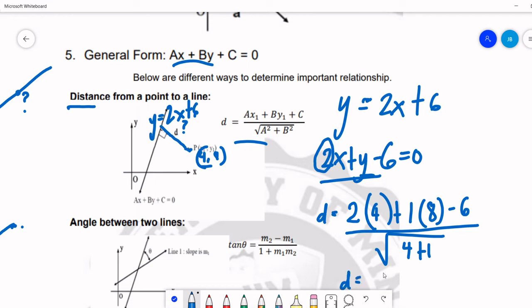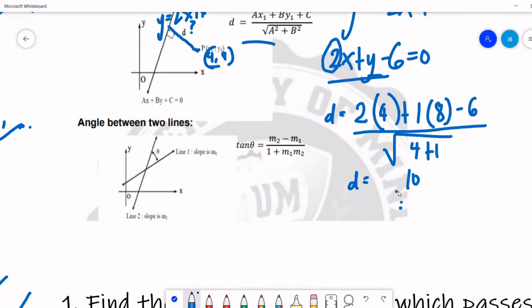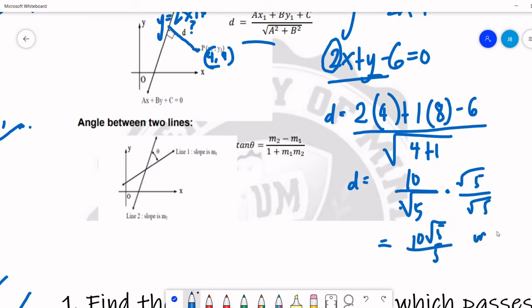Therefore, that is 8 plus 8, 16 minus 6, that's 10 over square root of 5. Or simply 10 square root of 5 over 5. Or that's 2 square root of 5 units.